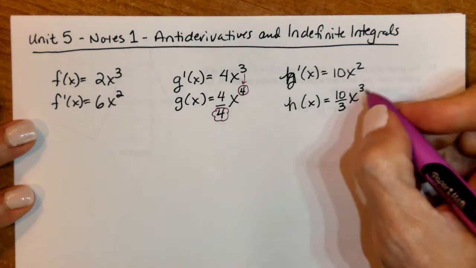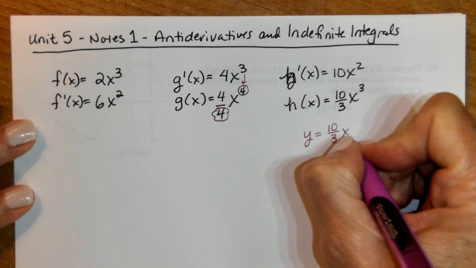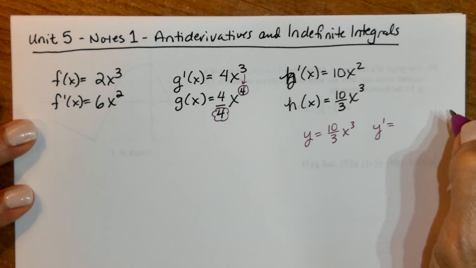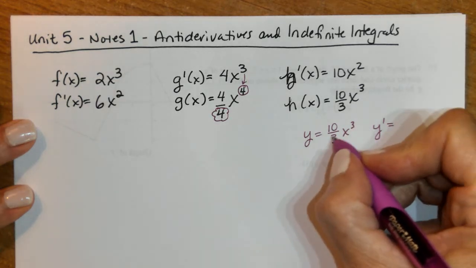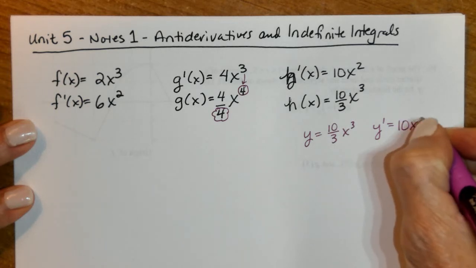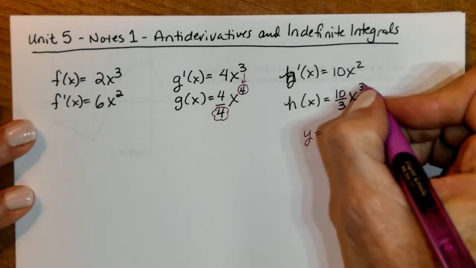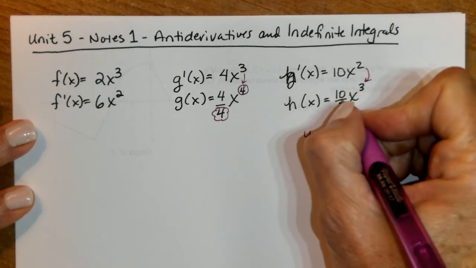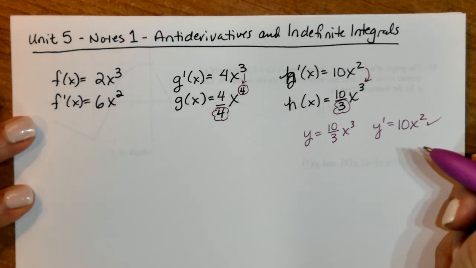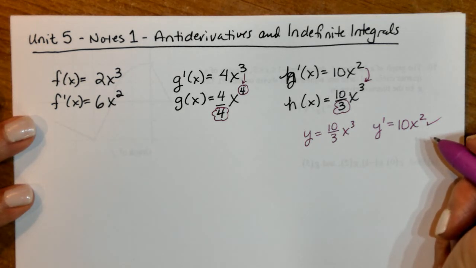Is that true? If our function is 10/3 x cubed, would the derivative be 10x squared? We would multiply the exponent times our coefficient, that would get the 10, and then we would decrease the power by 1, that would get the squared. So yes, that works. So add 1 to your power, divide by your new power, and that gets you your antiderivative. This is what we're doing. We're finding the antiderivative. Okay?